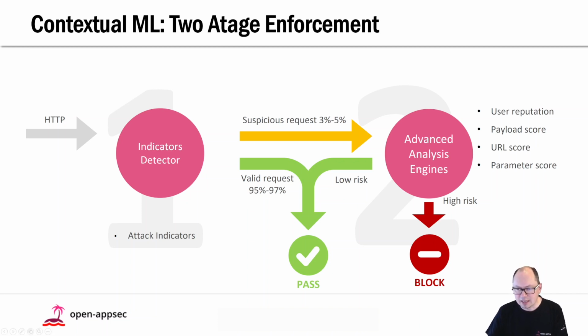As a result, in phase 2, either the initial suspicion from phase 1 is confirmed, the request has a high risk and is therefore blocked, or it's forwarded and passed, based on a determination that although there was some initial indication of an attack, the additional context shows it's not really malicious and it's actually benign traffic.